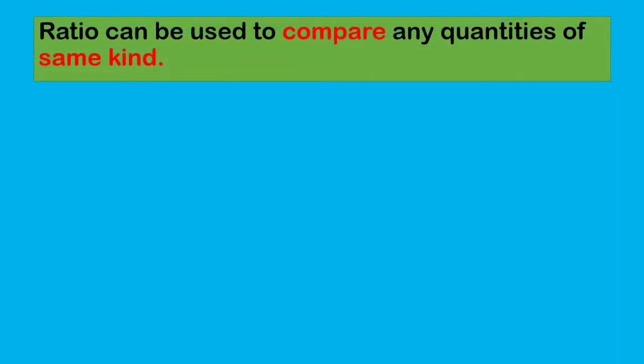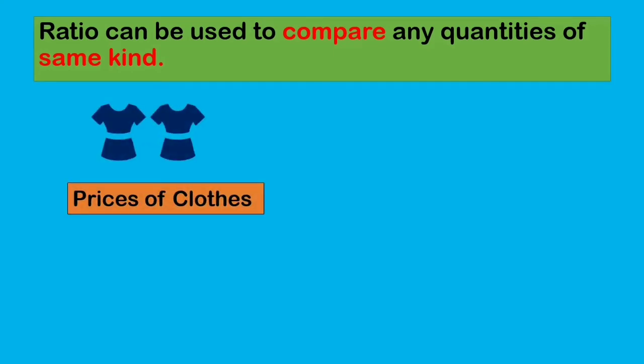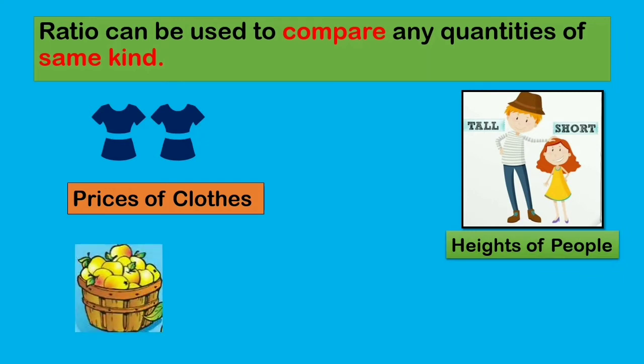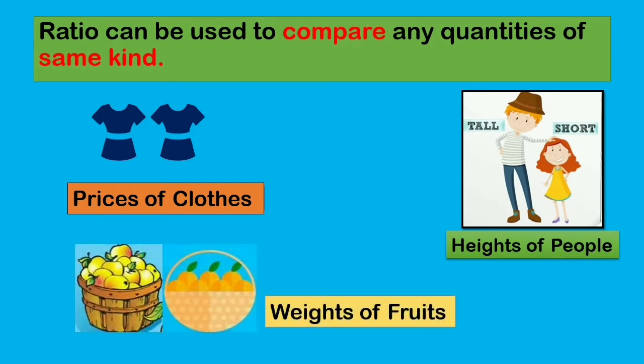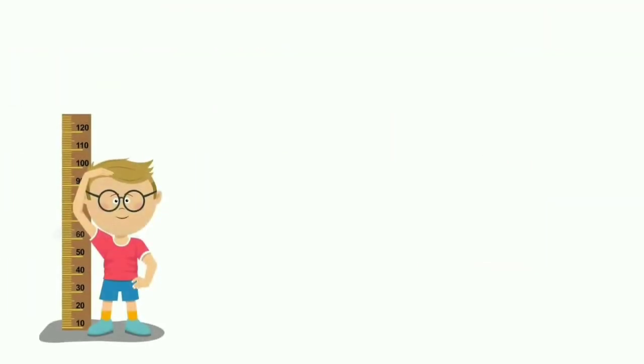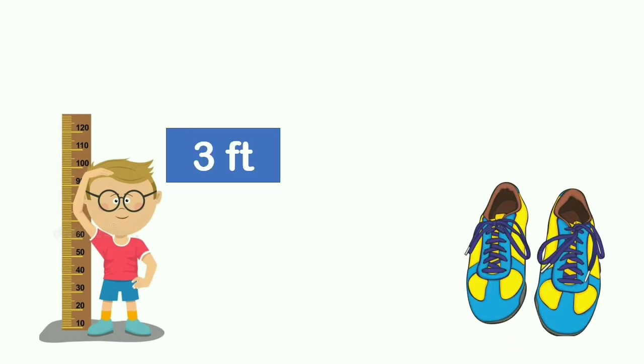Ratio can be used to compare any quantities of the same kind. For example, prices of clothes, heights of people, and weights of fruits. Here, the height of a boy is 3 feet and the price of a shoe is 15.99 rupees.